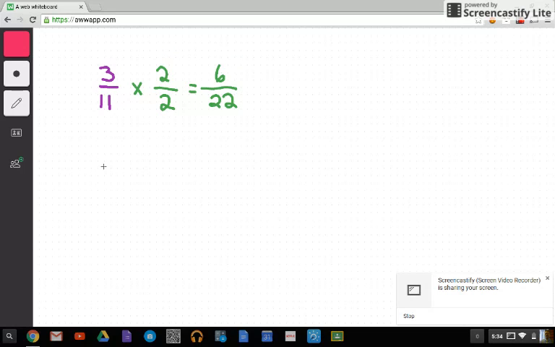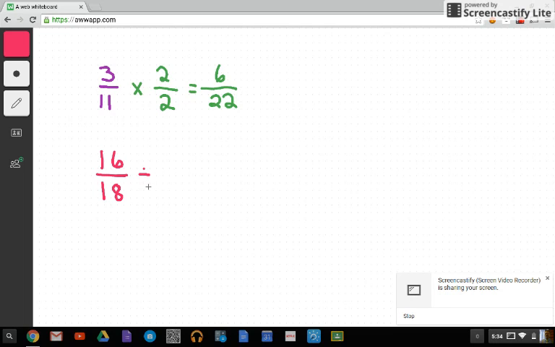So I might get a fraction. Let's say I've got 16/18. Okay, this fraction can be simplified, is what we would say, or reduced. Your parents might say reduced.